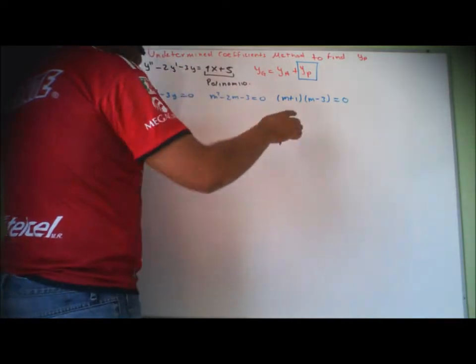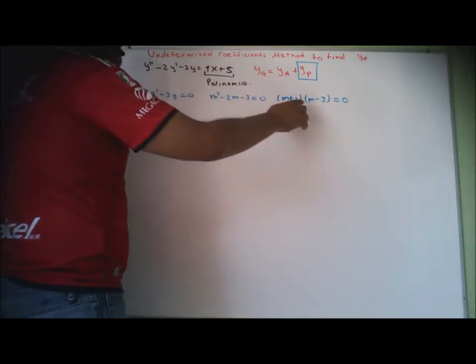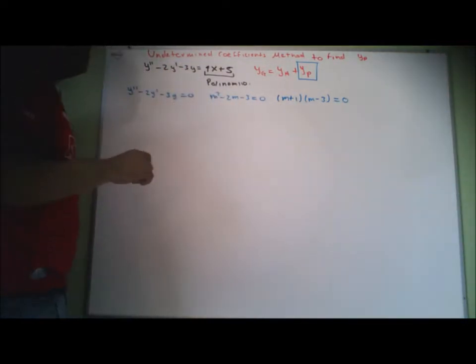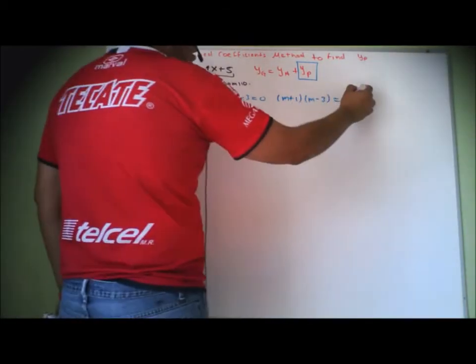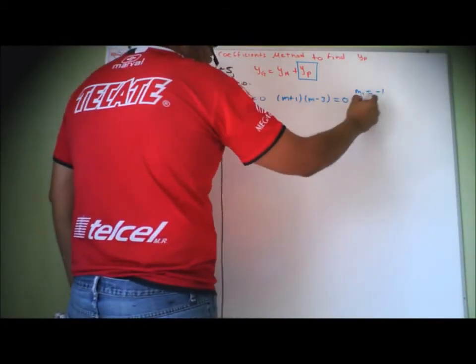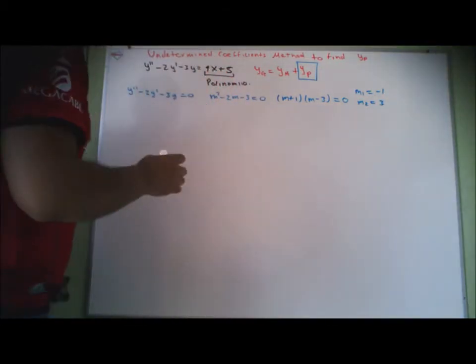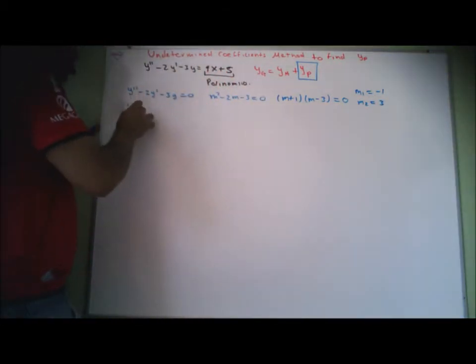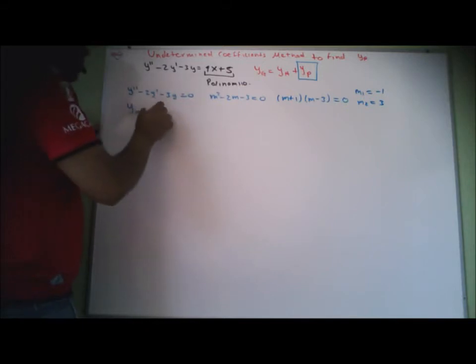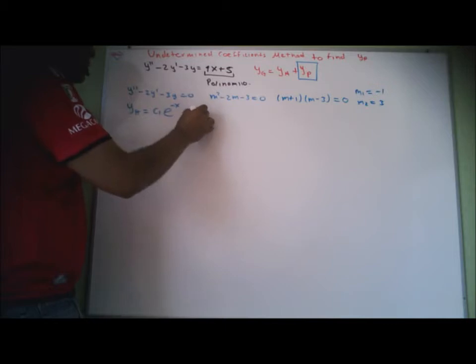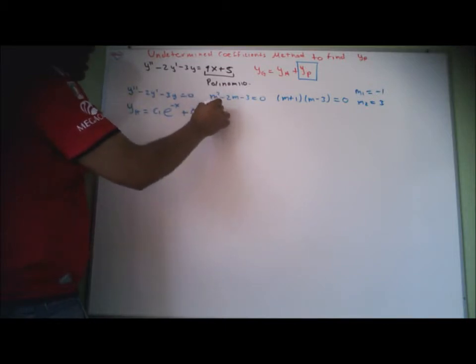So my first root is minus 1 and my second root is positive 3. So the homogeneous solution is c1 e to the minus x plus c2 e to the 3x.